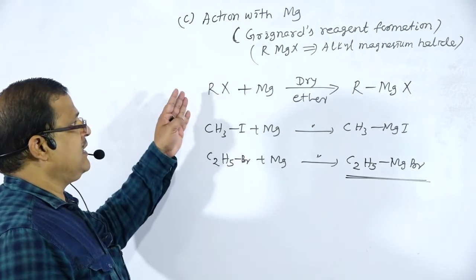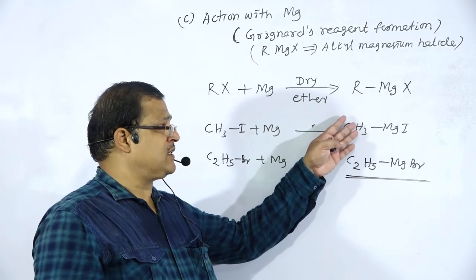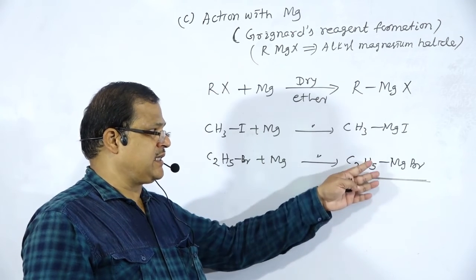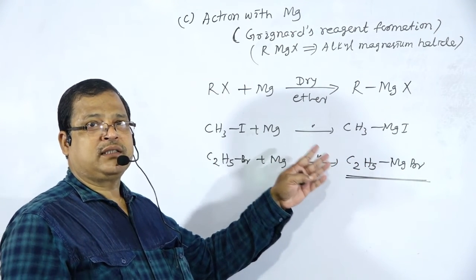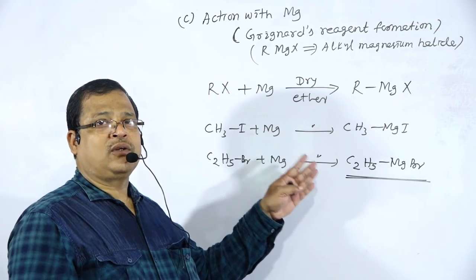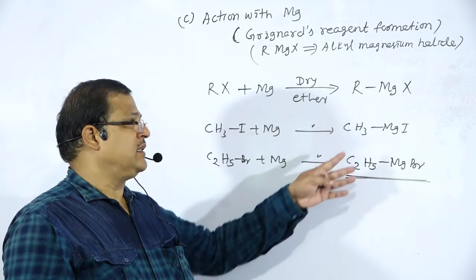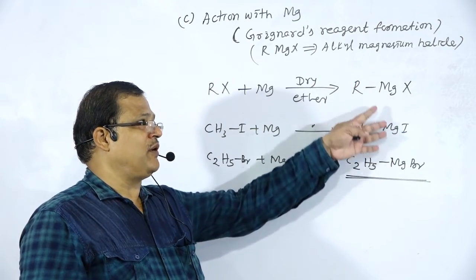So this is regarding the methods of preparation of Grignard's reagent. This reagent helps in the preparation of alkanes, organic acids, aldehydes, ketones, and alcohols, primary, secondary and tertiary. It is one of the very important tools for the preparation of so many organic compounds.